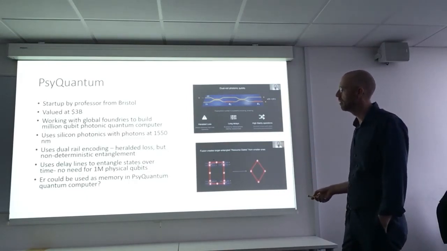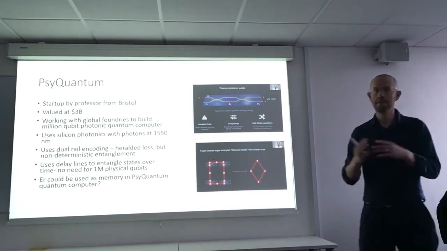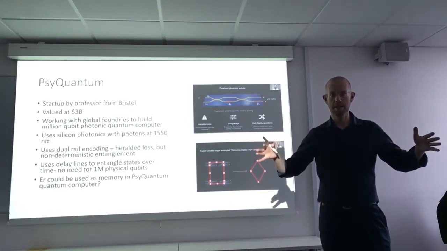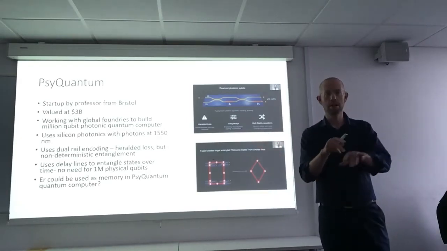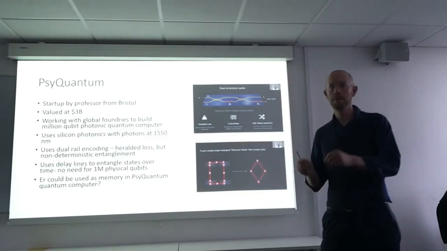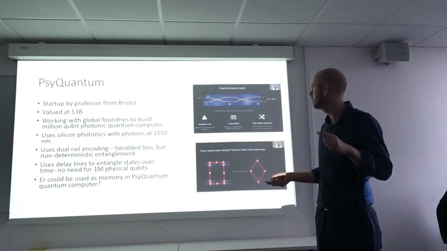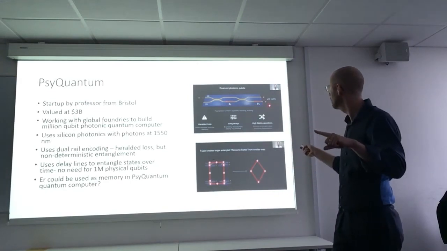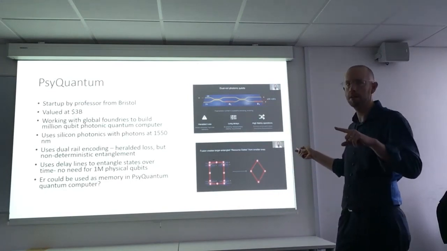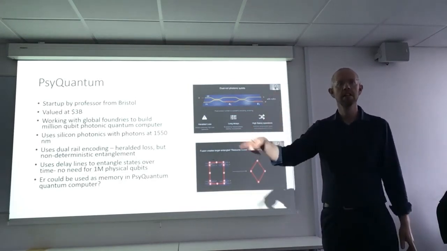But the main thing that they've done to realise this 1,000,000 qubit quantum computer is they're not trying to build a bigger computer. They said, okay, we've got this network of photonic devices on our chip, but we want to build a big entangled state. So they take one photon that's going in one of these waveguides in their photonic circuit, and then delay it, sending it through a loop of optical fibre.